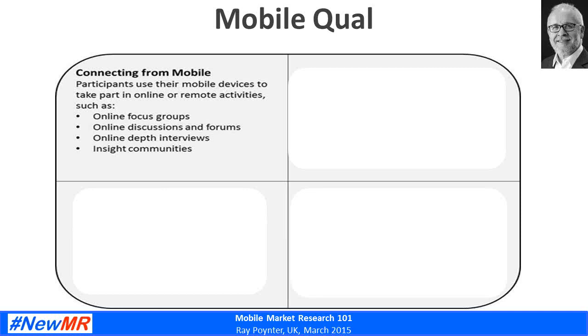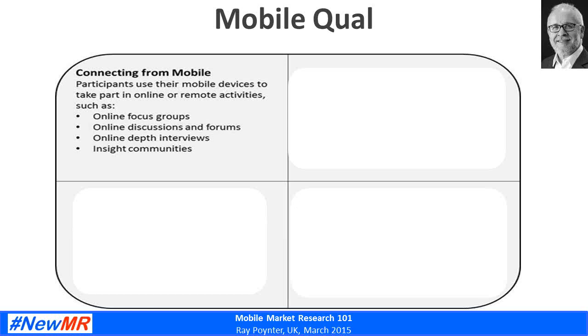Switching away from the world of quant to the world of qual, this is a quadrant that we've used in the book, and we've used elsewhere, for the four types of use that people are making of mobile research in qualitative areas. So we can use it to connect from mobile. An online focus group can be from a tablet, it can be from a smartphone.